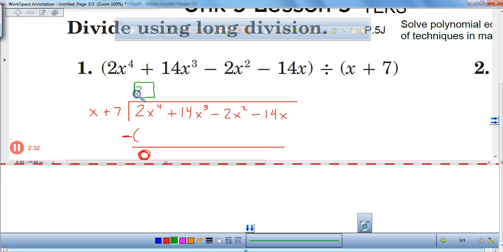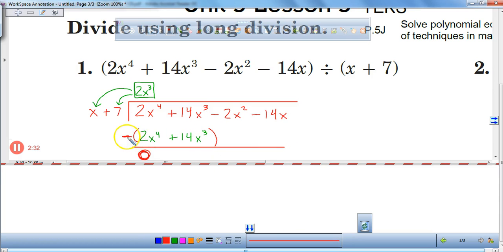Well, that number has to be 2x cubed, because 2x cubed times x gives me 2x to the power of 4. But I also have to multiply that 2x cubed to the 7. And 2x cubed times 7 is a total of 14x cubed.